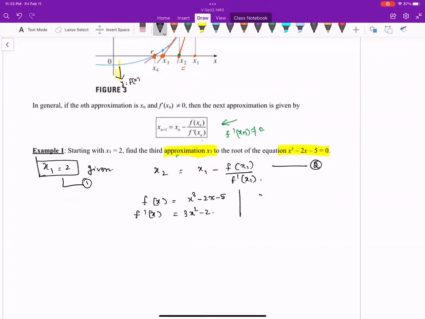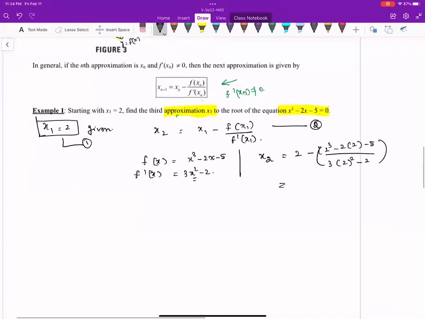So if we compute x2, what is x1? x1 is given in the problem: 2 minus f of x1, which will be 2 cubed minus 2 times 2 minus 5 on the numerator. On the denominator, it's 3x squared minus 2 with x replaced by 2, so it will be 3 times 2 squared minus 2.